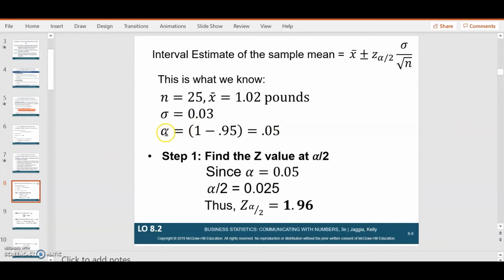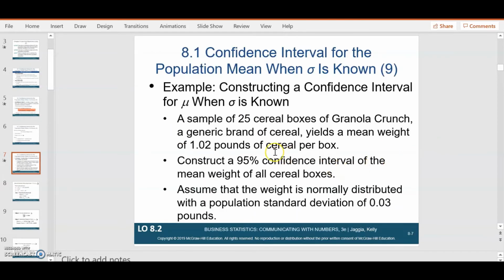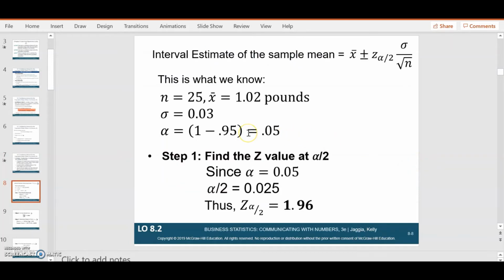We know that the significance level is equal to 0.05 by subtracting the confidence interval of 95% from 1. So 1 minus 95% is equal to 5%. 1 minus 0.95 equals 0.05. So there are a few steps that we have to follow in order to obtain the confidence interval for the population mean.